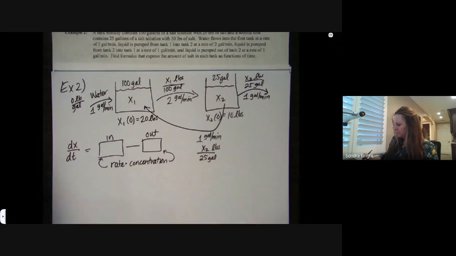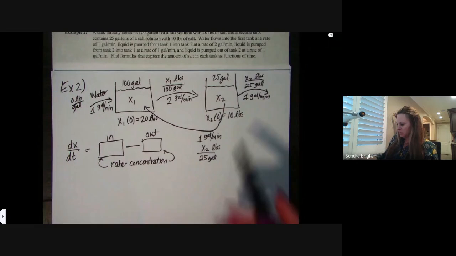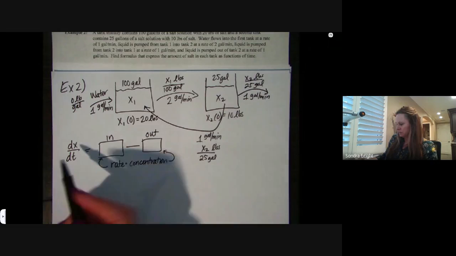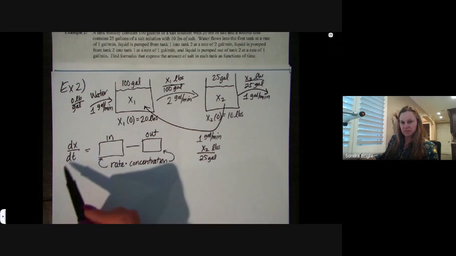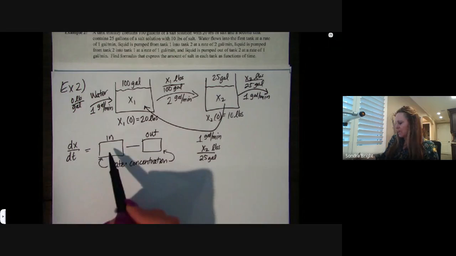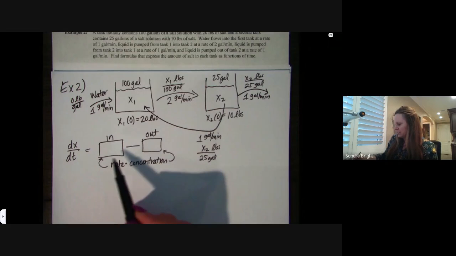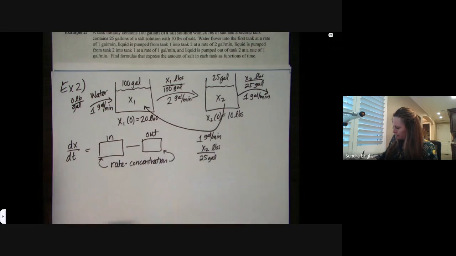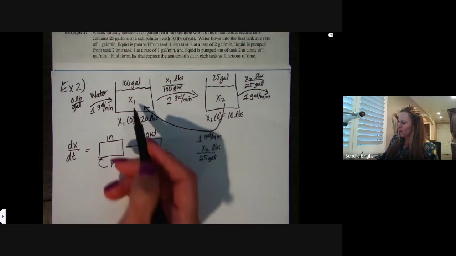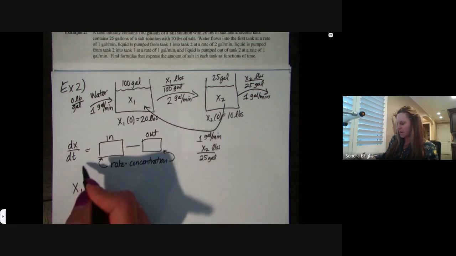Now we're going to use this where the change in the amount over time is how much in, and for each of the inflows, it's rate times concentration, subtracting anything going out, again for each, rate times concentration. For x1, instead of writing dx1/dt, I'm just going to write x1 prime.